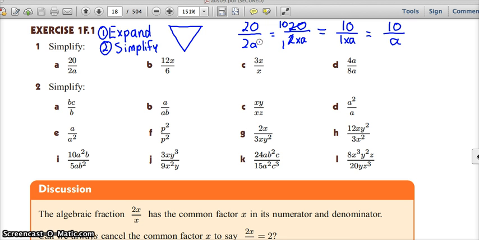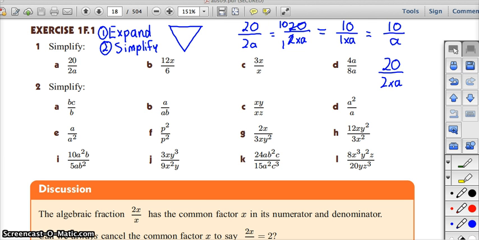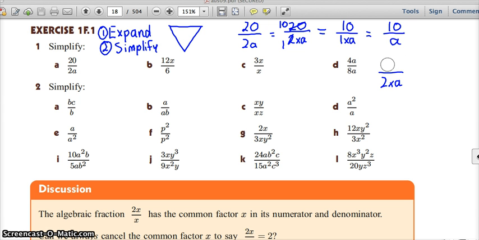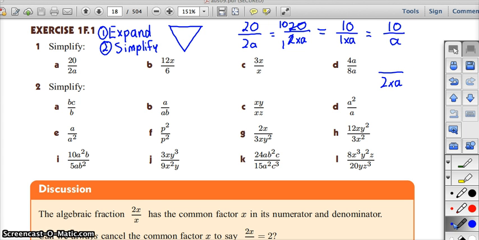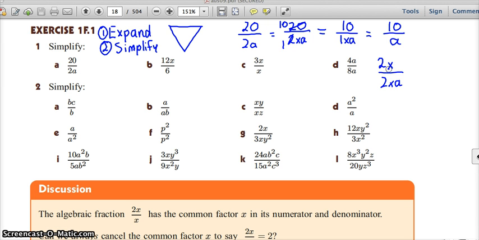The other way we could do 20 over 2a is to say, well, 20 actually is a common factor of 2, 10 times. So on the top line, if you're good with your times tables, you could do it like that. 2 times 10, 2 times a, they cancel each other out, and that leaves you with 10 over a.